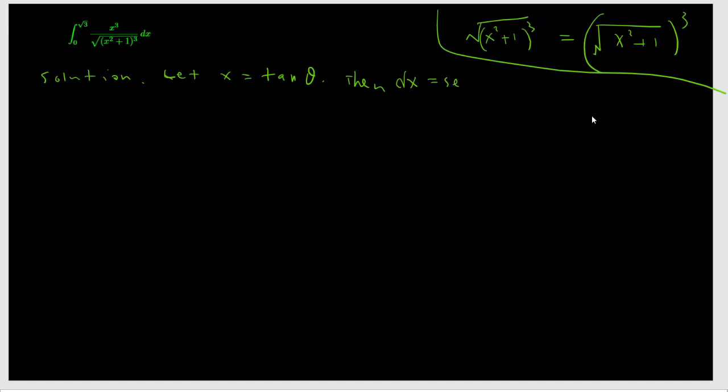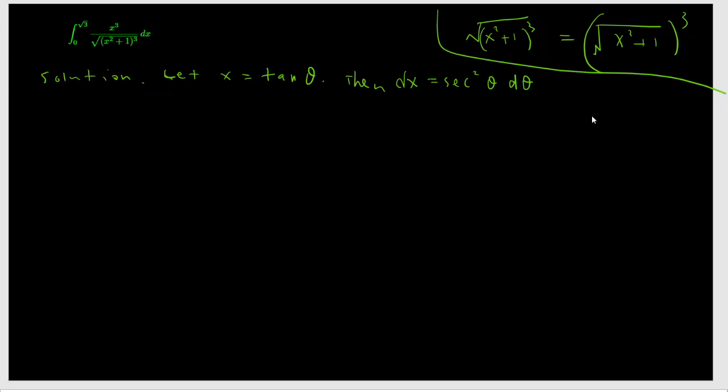You have secant squared of theta, secant of theta, the whole thing squared. Do not forget d theta. D theta is part of the differential notation. So later on in the new integral, you have to have d theta. Right? All right.